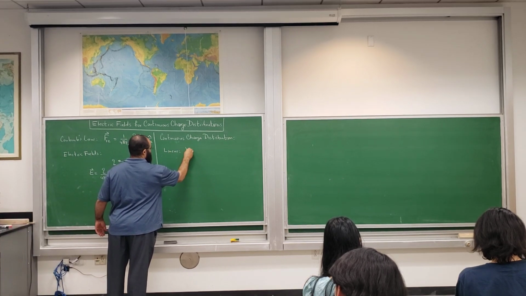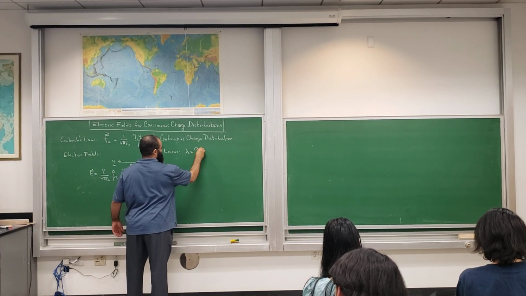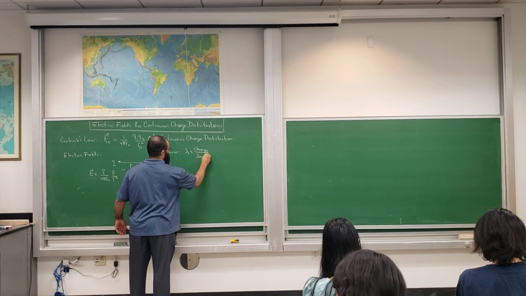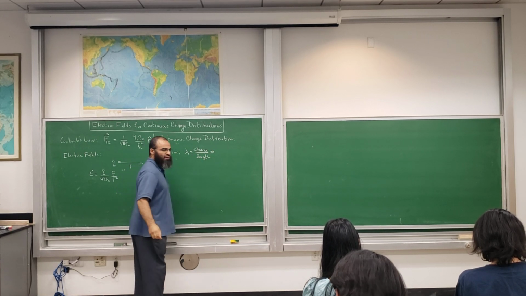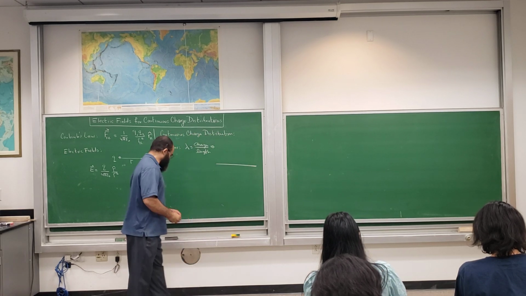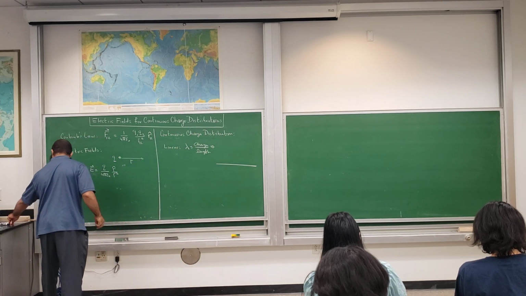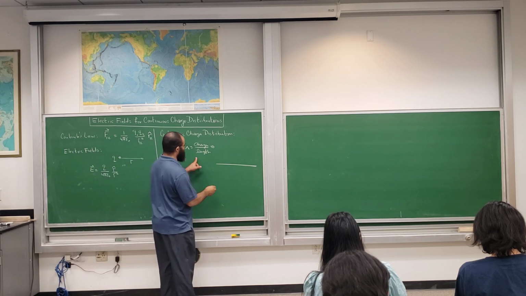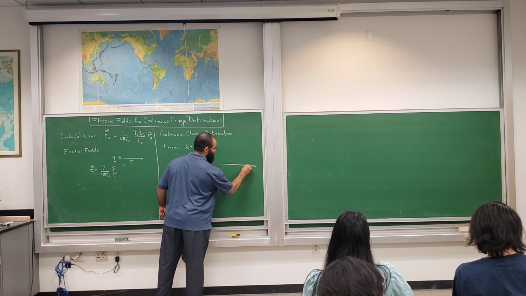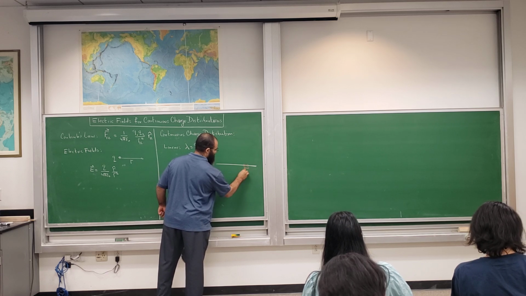You will have lambda. It's charge over length. And so, here's a linear charge distribution. And let's say I cut a little segment here of length dx.